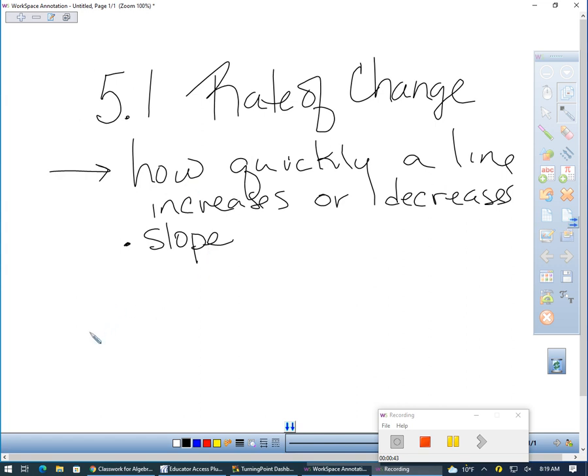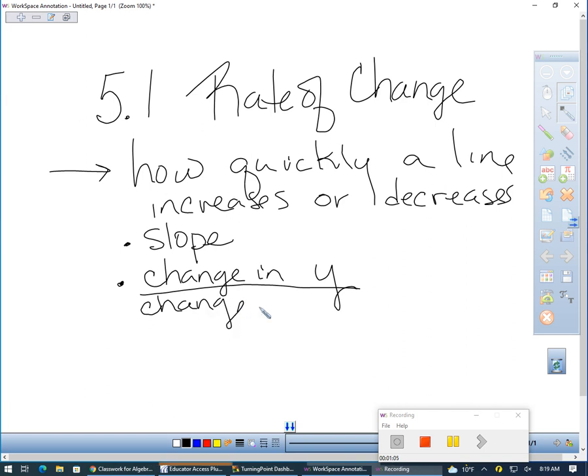Some other things we use that also mean rate of change or slope. We say the change in y divided by the change in x. Another phrase we also use that means rate of change or slope is rise over run.